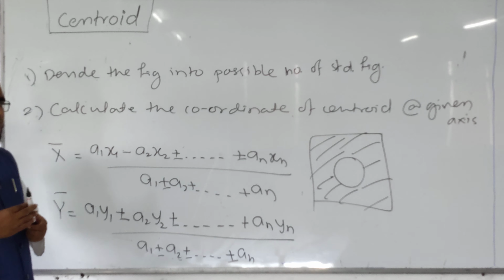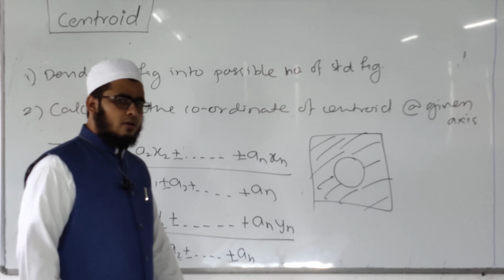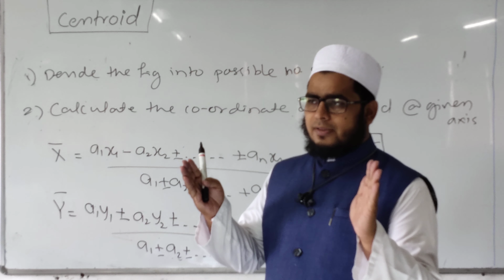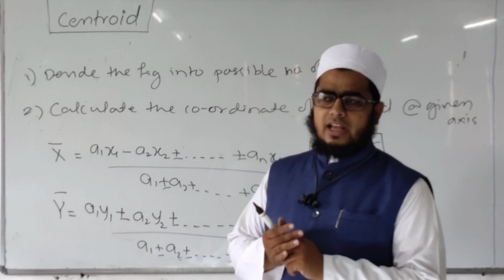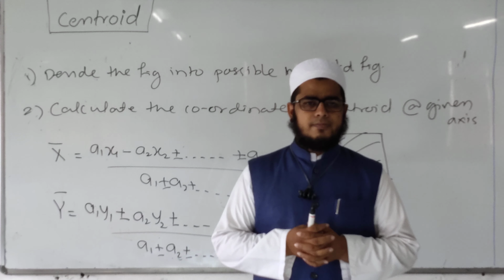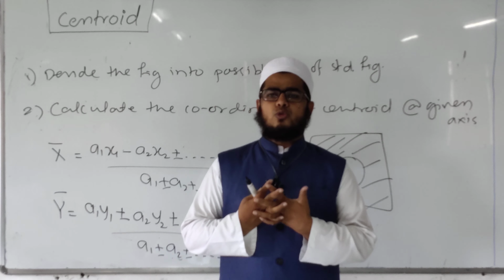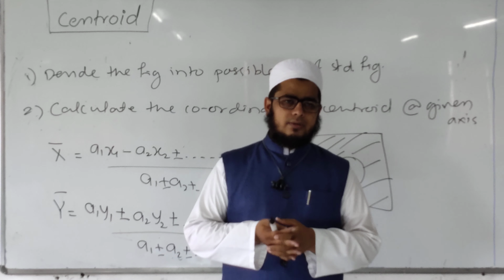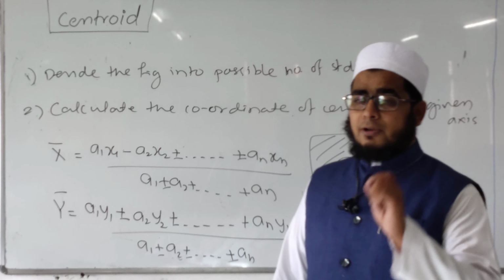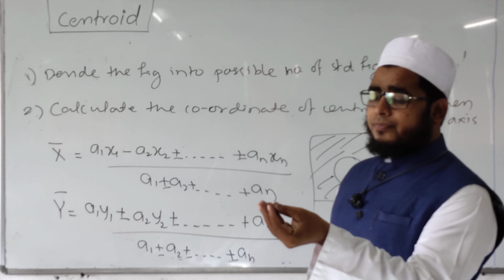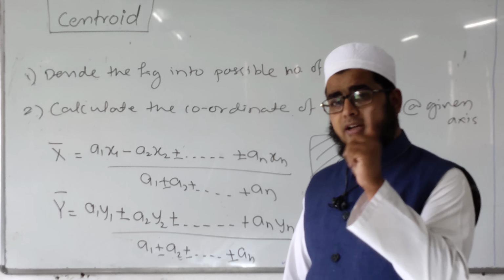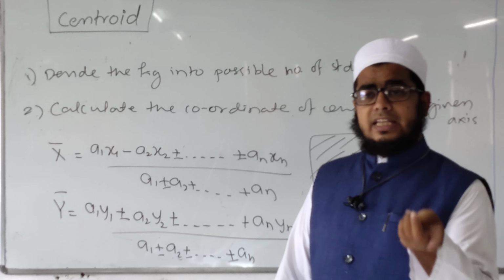I will repeat the steps for how to calculate the centroid. First we will look at the irregular figure and divide it into a possible number of standard figures. It may be 1, 2, 3, 4, 5 or n number. After splitting into standard figures, we will find the area, x coordinate and y coordinate of the centroid of each standard figure with reference to the given axis.